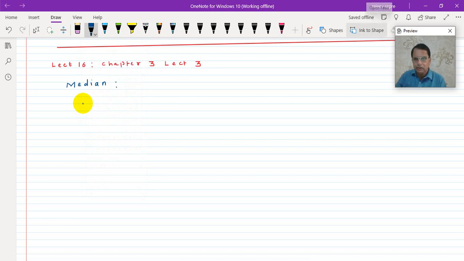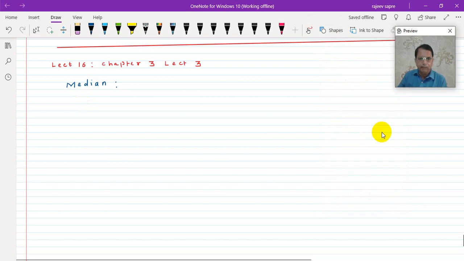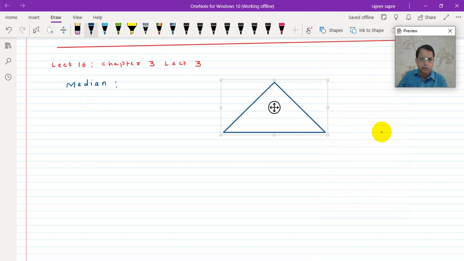That means if you have a triangle ABC, I will consider one triangle, say this is the triangle ABC, right? And then we are interested in drawing the medians.